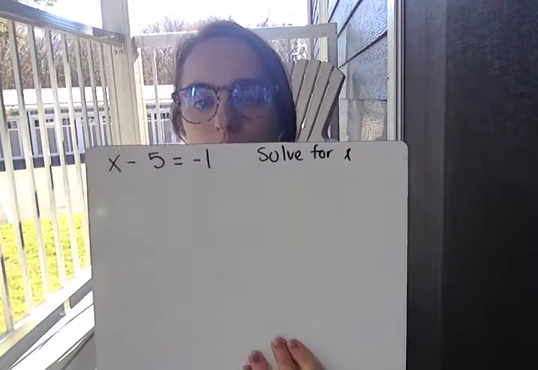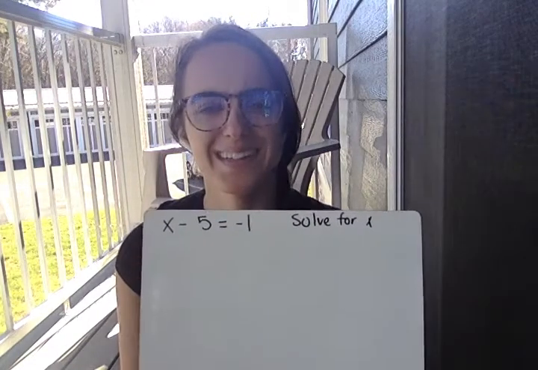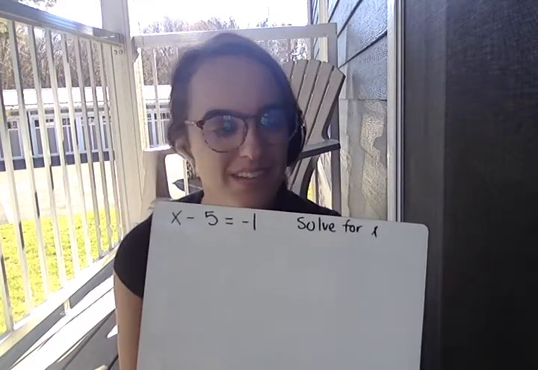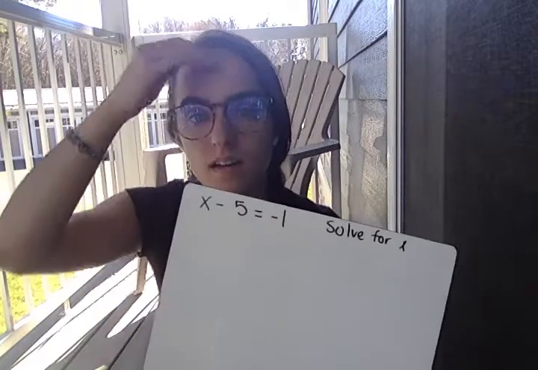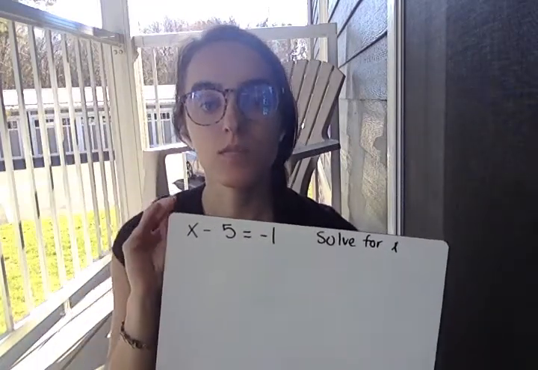You're going to be given something like this: x minus 1 equals 5, or x minus 5 equals negative 1, and solve for x. How do you solve for x? This is important.